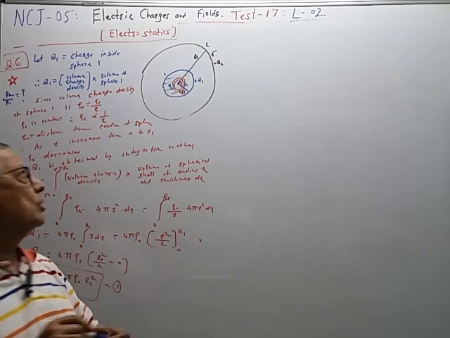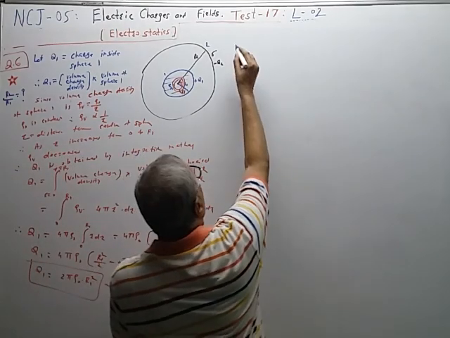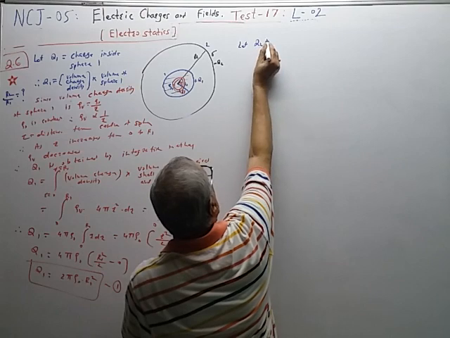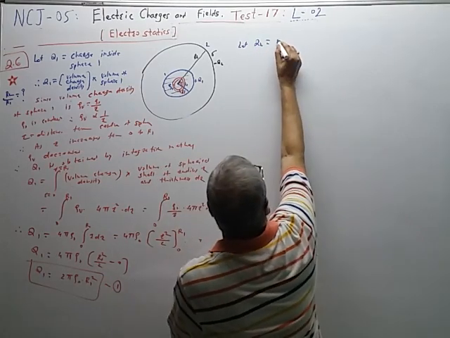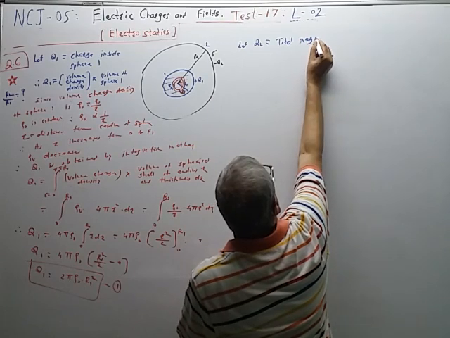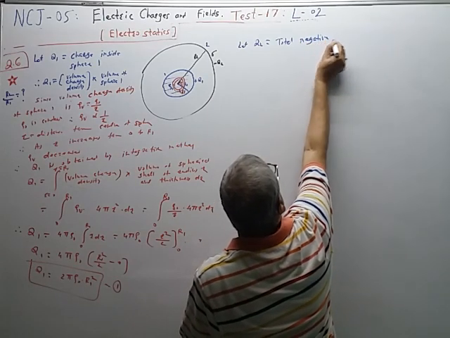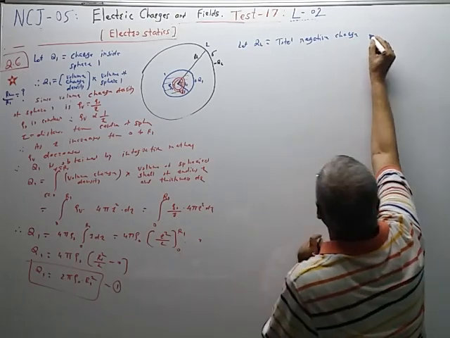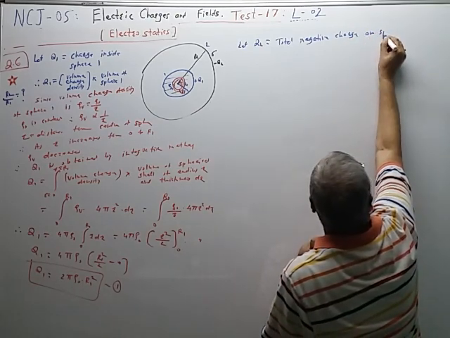Now we have to find the charge q2. Let q2 be the total negative charge on sphere 2.